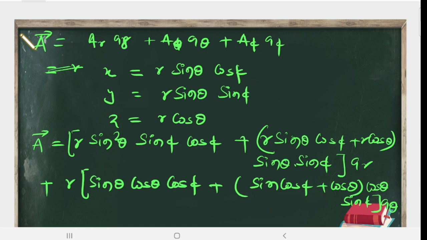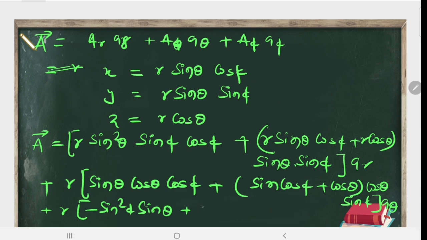And the phi component is equal to r times minus sin square phi into sin theta plus x plus z cos theta.